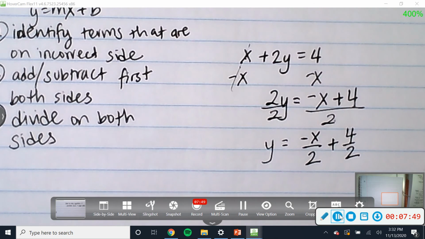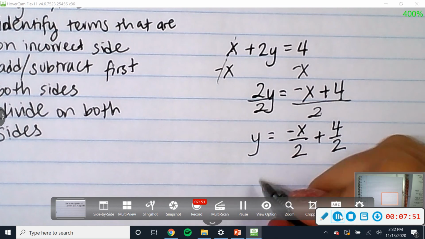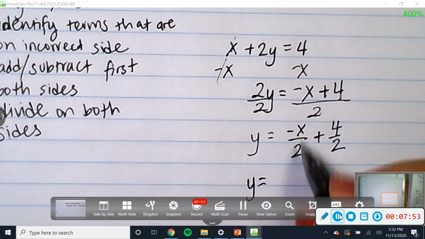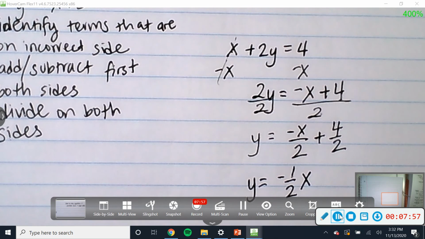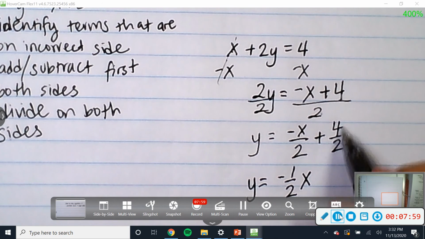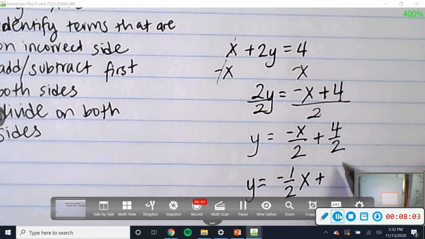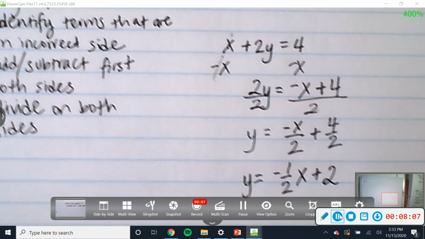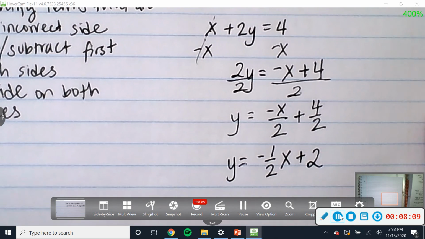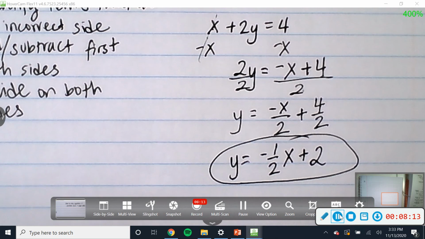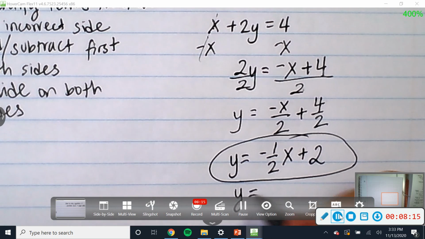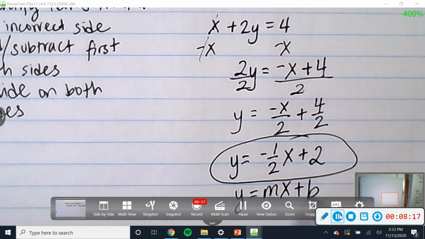And the last thing that I have to do is just simplify these fractions. So negative x over 2 is the same thing as negative 1/2 x. And 4 over 2, when I take 4 divided by 2, that just gives me 2. So our final answer here in slope-intercept form would be y equals negative 1/2 x plus 2. That is our y equals mx plus b format.